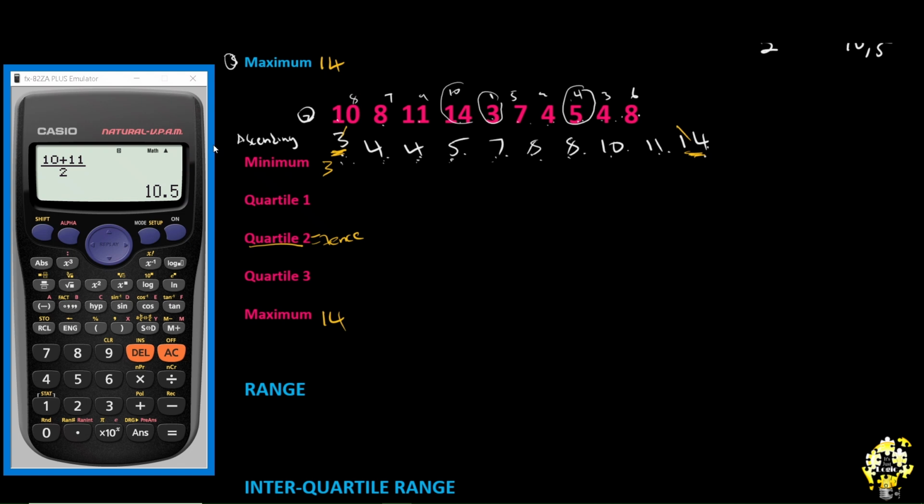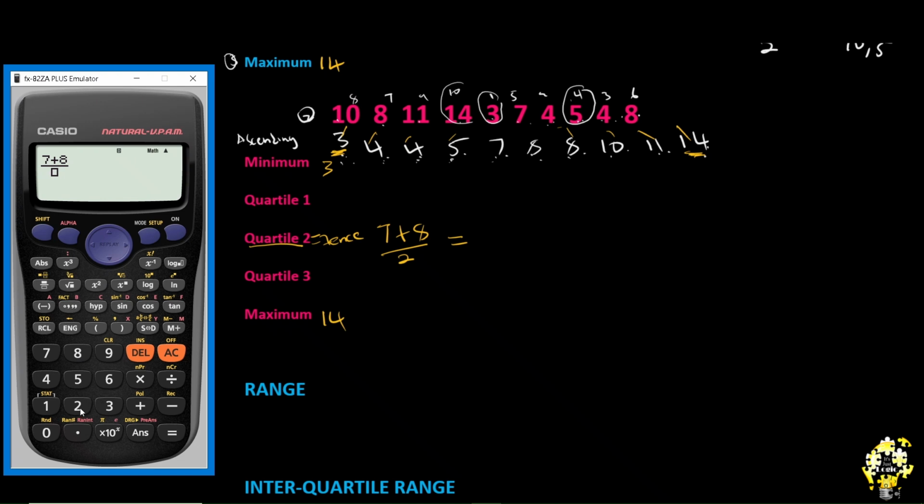We have cancelled 1, 1, 2, 2, 3, 3, 4, 4. See, there are 2. By now you know. When you know, you know. If there are 2, you add them, you divide by a 2. So we have added a 7 plus 8.